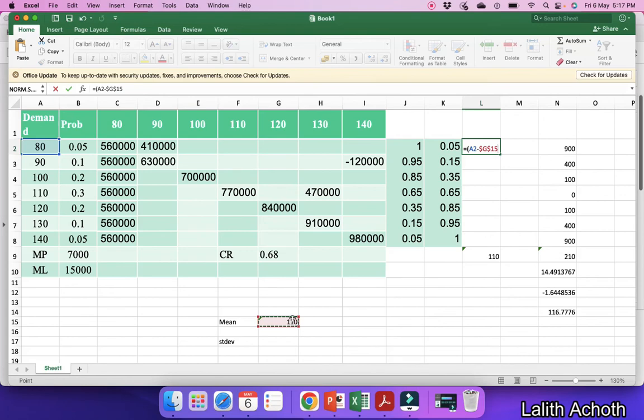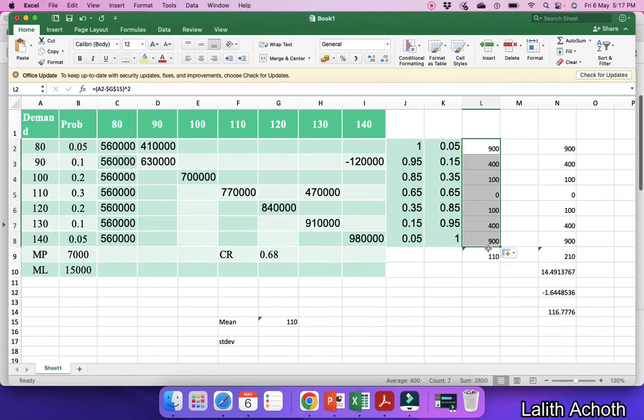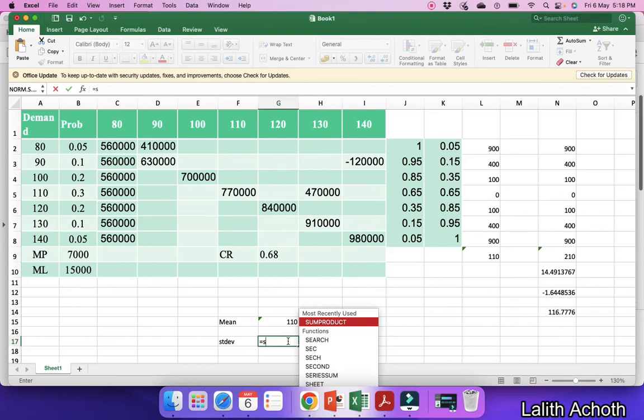It's fixed. Close the bracket, raise it to the power of 2. So I get the square, x minus x bar, whole square. And then I will take a sum of that.